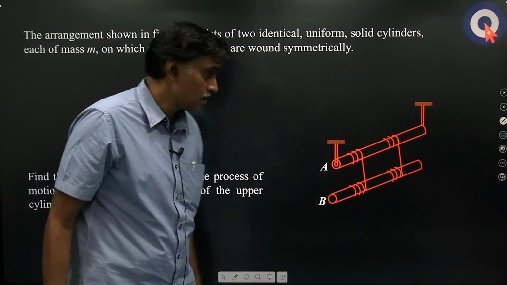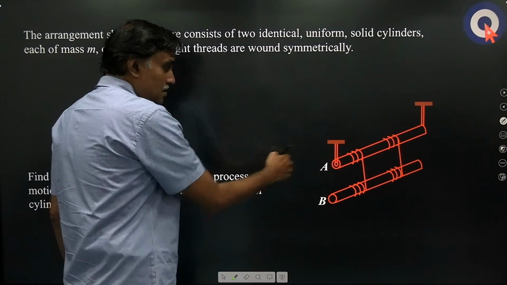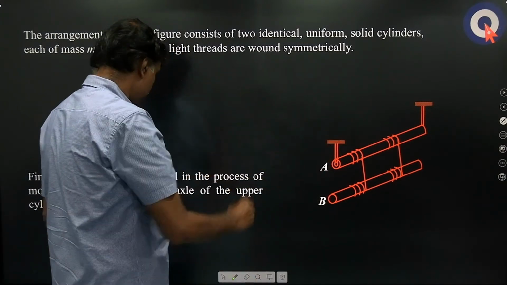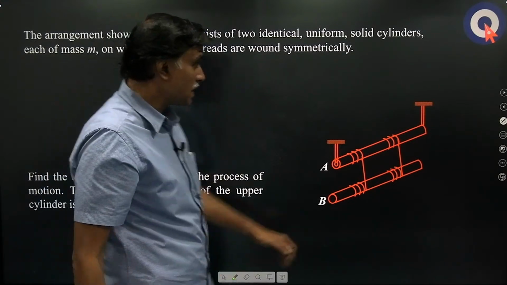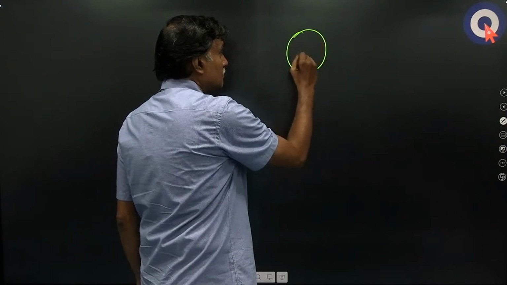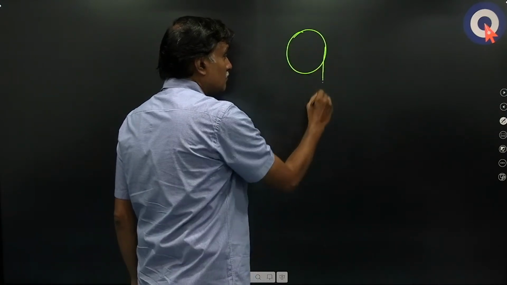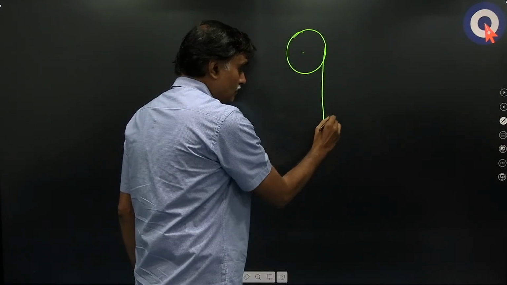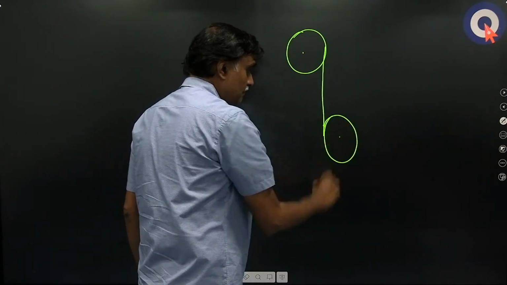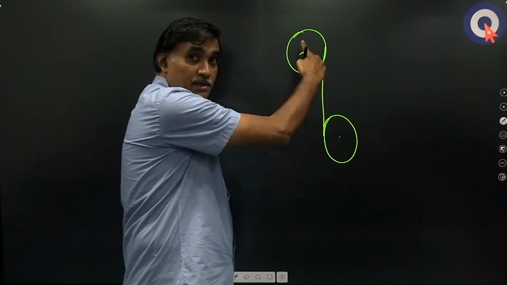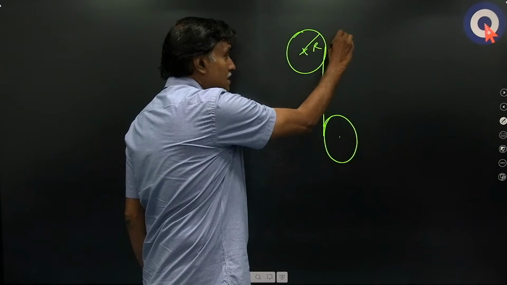Now I will draw the side view. I need not draw the entire figure. If I draw the side view on the next page, we will get it like this. This is the fixed cylinder, radius r, mass m.